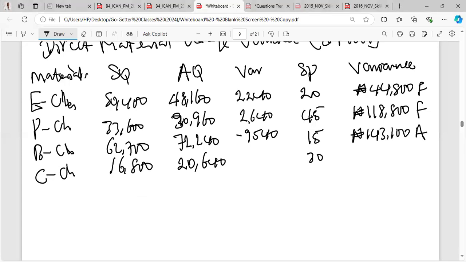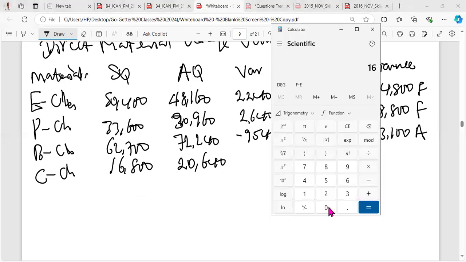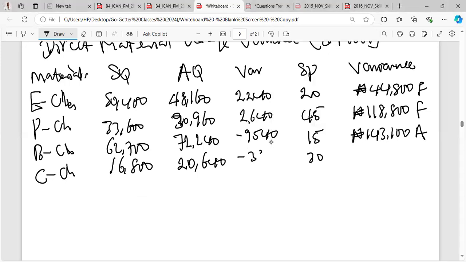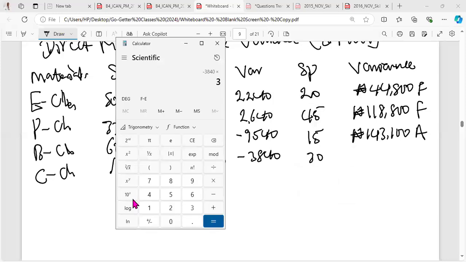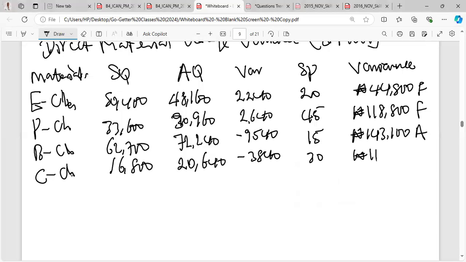Adverse. Then we have here 16,800 minus 2640. That gives us minus 3840. Now, when you multiply that by 30, you are getting 115,200. That's adverse. So you total it.